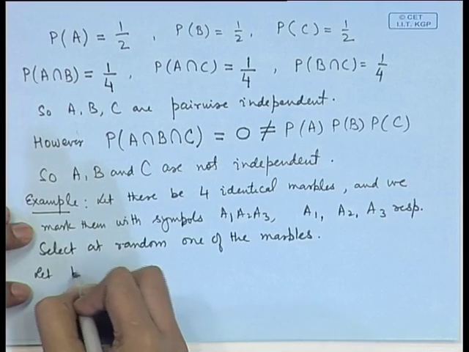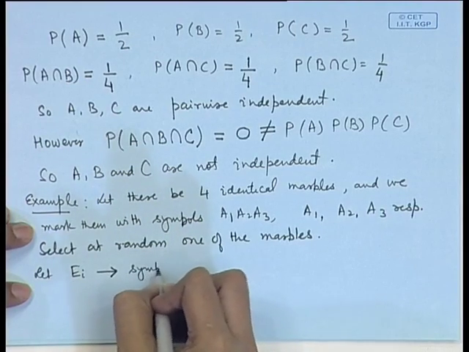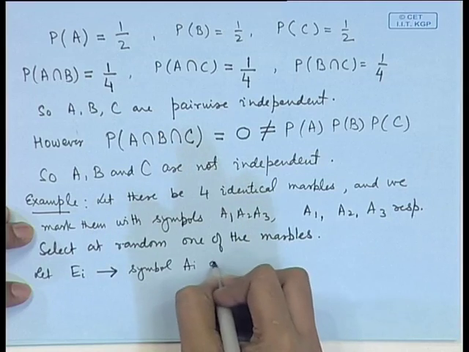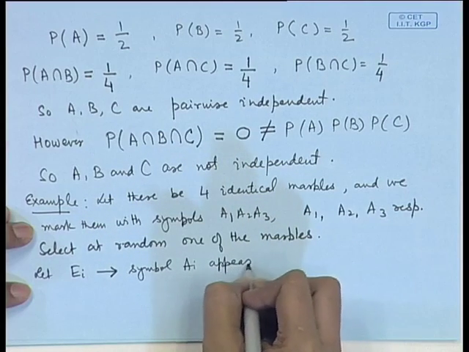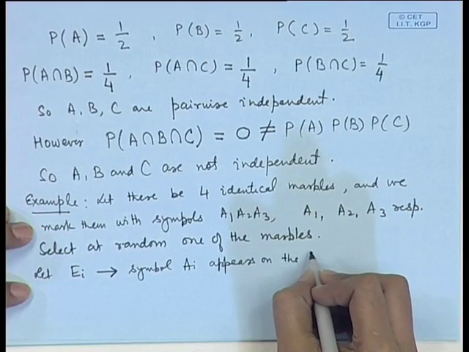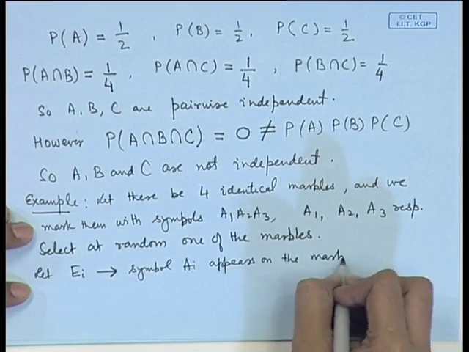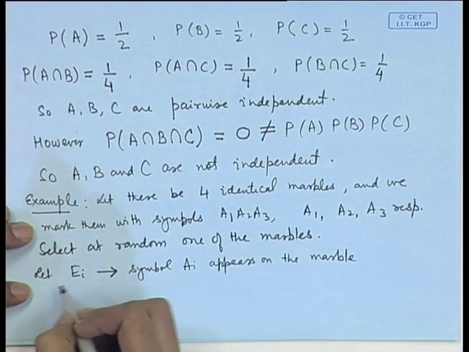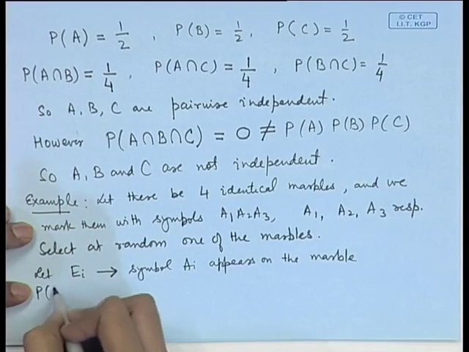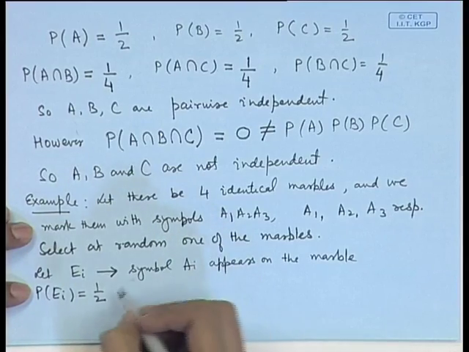Let E i denote the event that symbol A i appears on the marble. Let us look at probability of E i. It will be half for all i's.